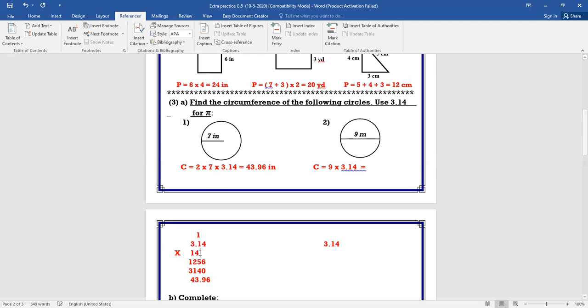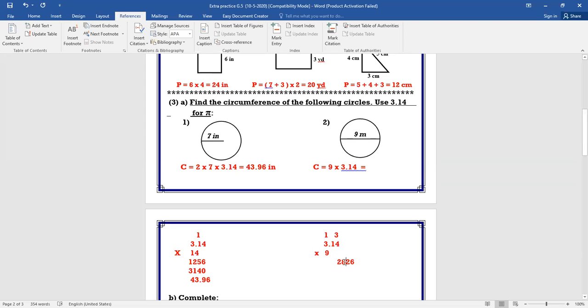3.14 multiplied by 9. 9 multiplied by 4 equals 36. 6, carry 3. 9 multiplied by 1 equals 9. 9 plus 3 is 12. 2, carry 1. 9 multiplied by 3 equals 27, plus 1 is 28.